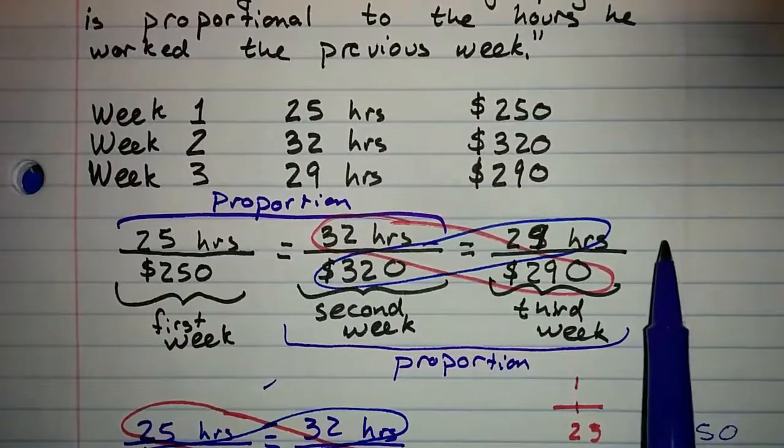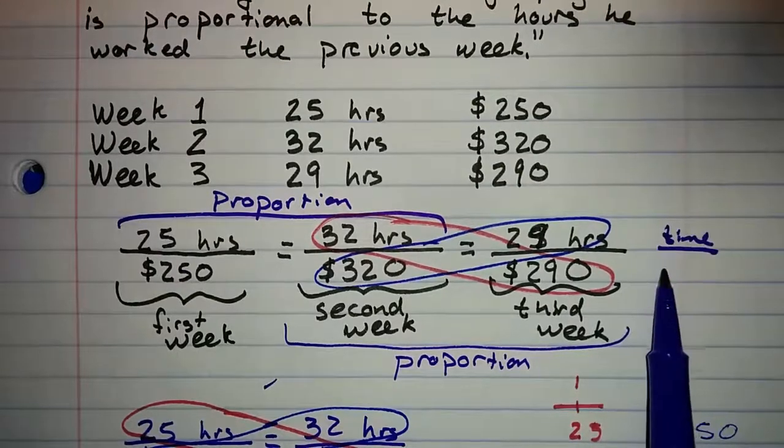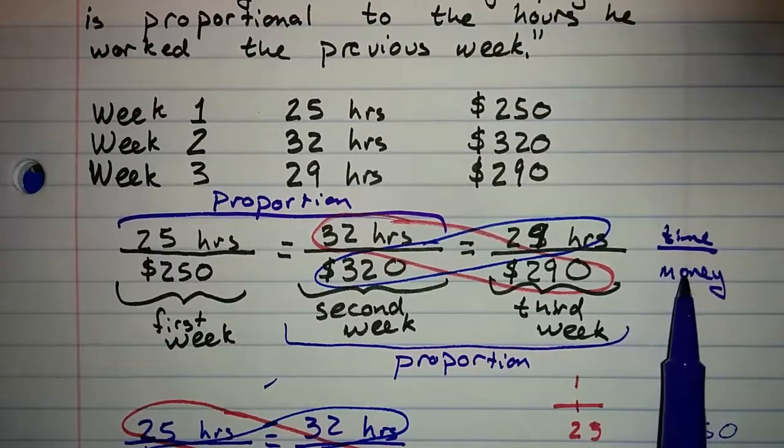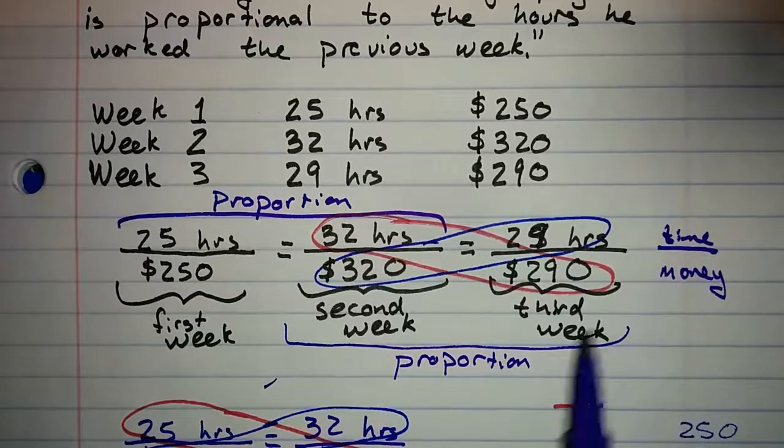Each one had to be time to money, hours worked to dollars earned. I couldn't switch one of them around and hope to make it true, right? The ratio of hours to dollars is different from the ratio of dollars to hours, even though they describe the same relationship.